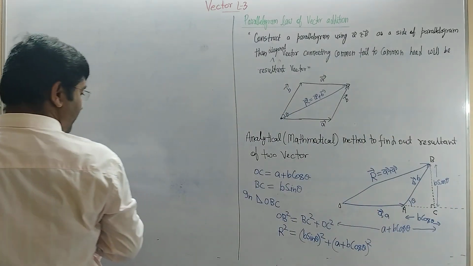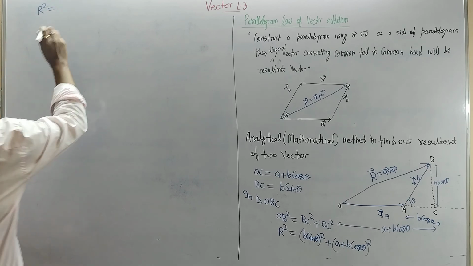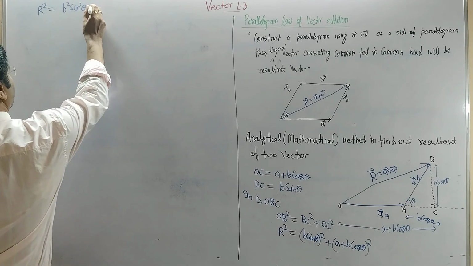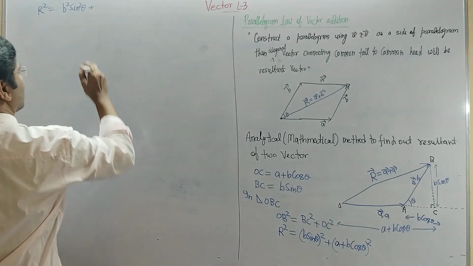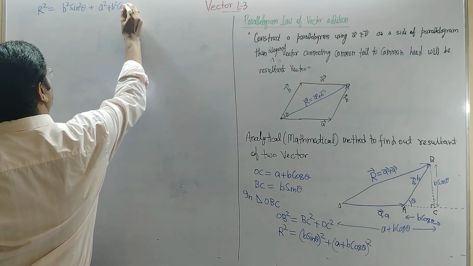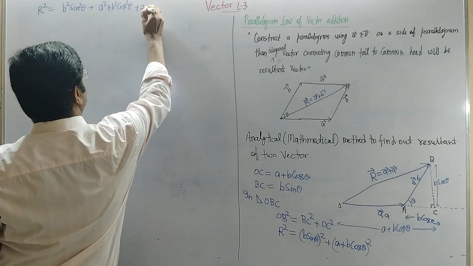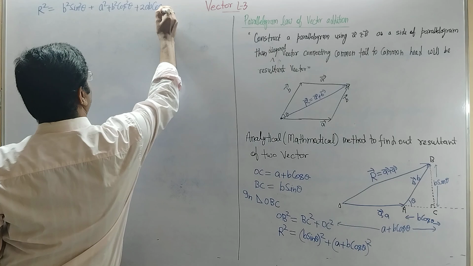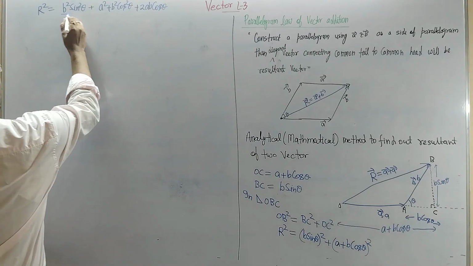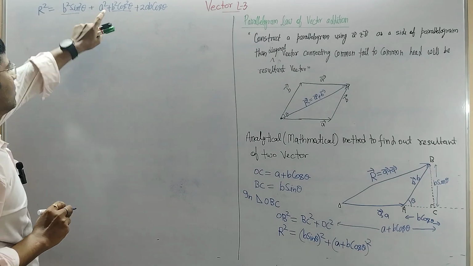So this resultant value we can write here R square equal to B square sin square theta plus A plus B cos theta whole square. So we can write A square plus B square cos square theta plus 2AB cos theta. So this one and this one, if I am adding, in both there is B square.